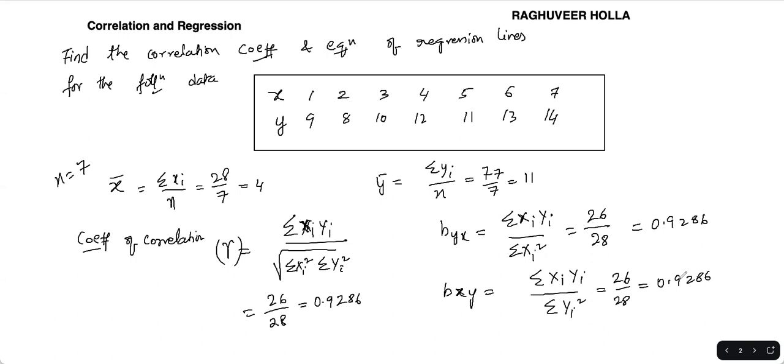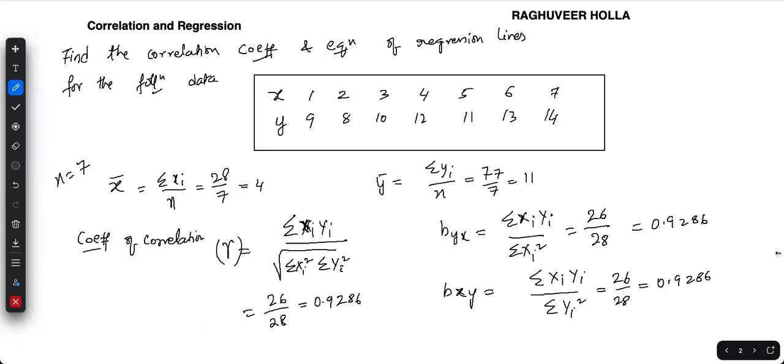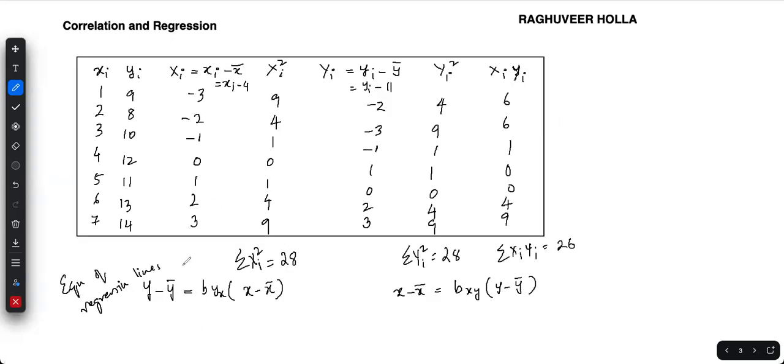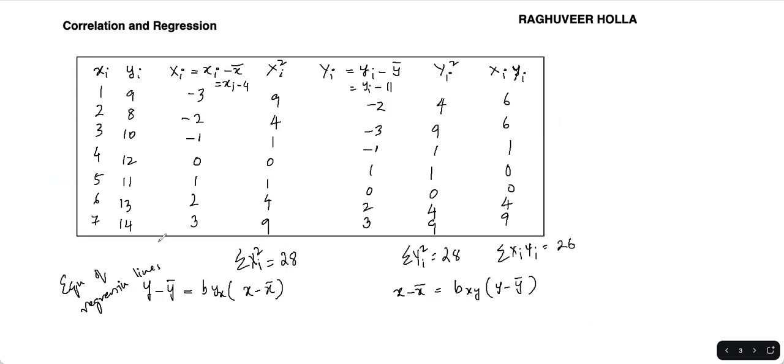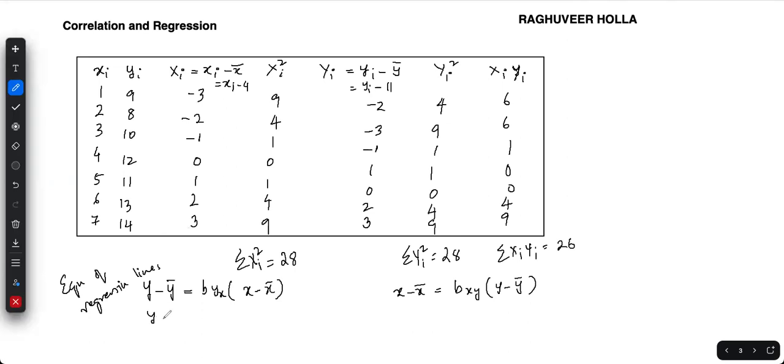So let us substitute it. y minus y bar, that is y minus 11, equals 0.9286 into x minus x bar, which is 4. We get y as 0.9286 into x, and after simplifying it, you get plus 7.2856.